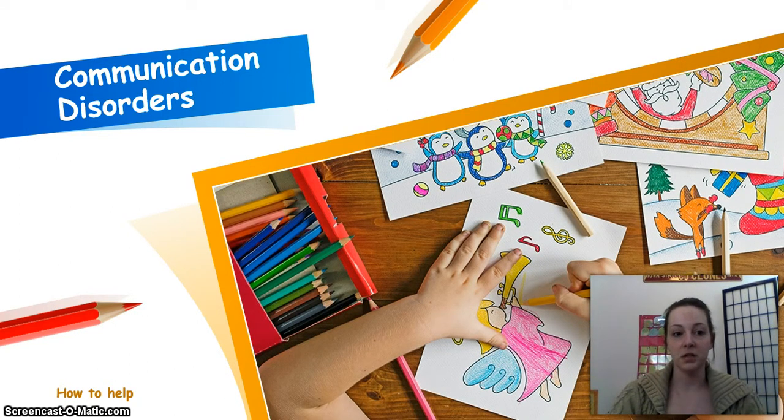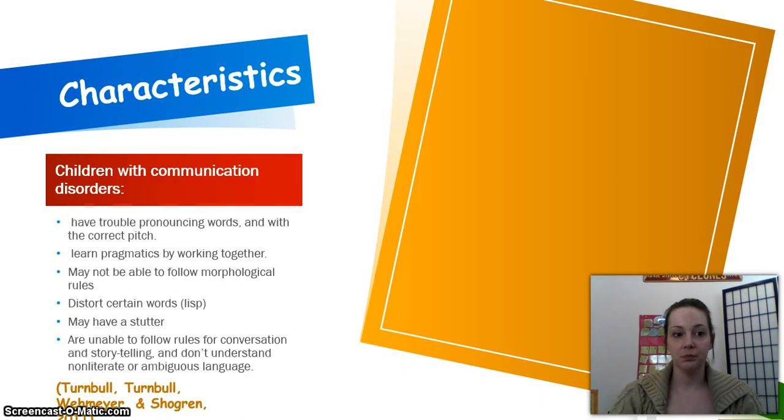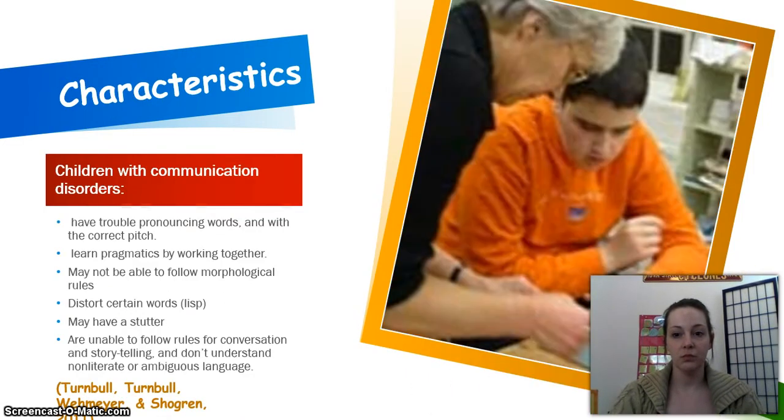Okay, moving on to communication disorders and how they act and perform in school. Sorry, this picture is kind of blurry. I didn't realize how pixelated it was until I got this up here. So these students can have severe aphasia or just a simple lisp. Some have difficulties pronouncing certain words, like certain vowels, and some kids have a stutter.